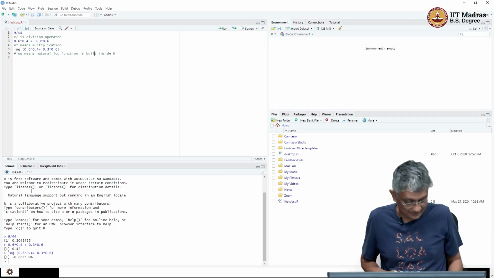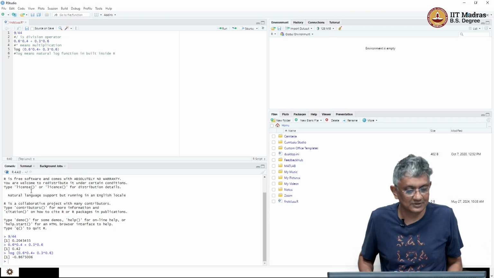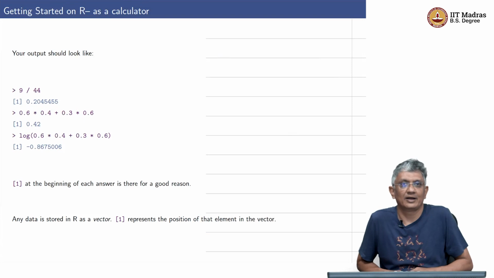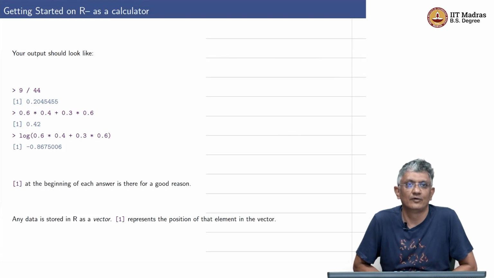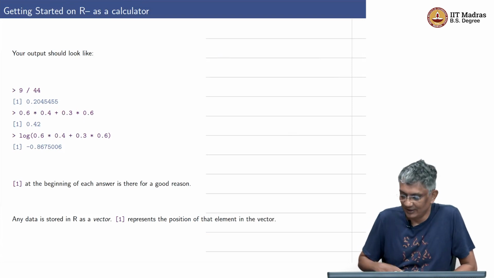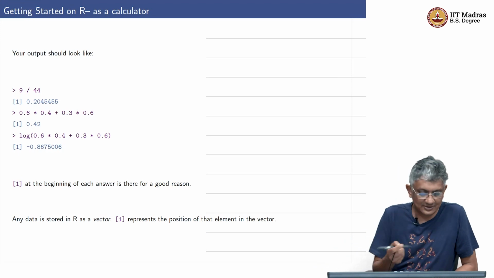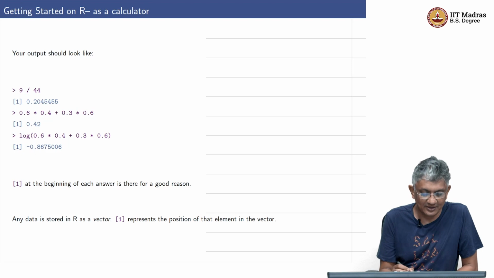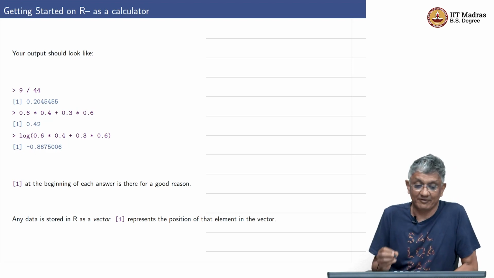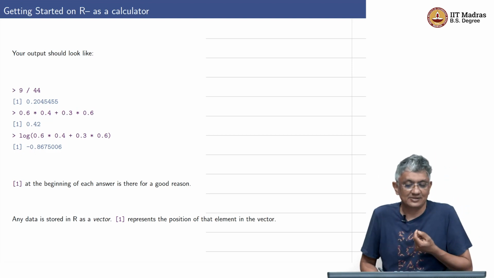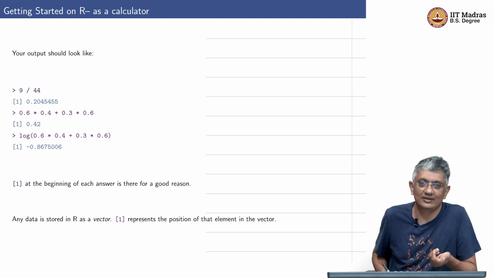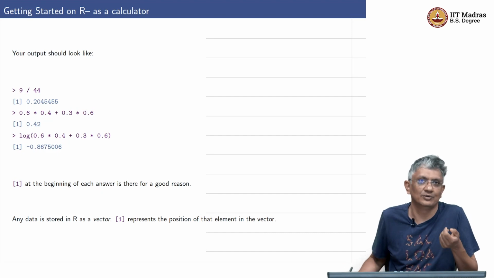Very good, that's it. So now let's go back to the notes. This is exactly what I got, right? I got 0.204, 0.42, and minus 0.86. Like I pointed out, there is this 1 at the beginning of everything, and that's for a good reason. R stores everything as a vector, and 1 represents the position of the element in that vector. There's only one element in the vector, so it's giving you 0.205.